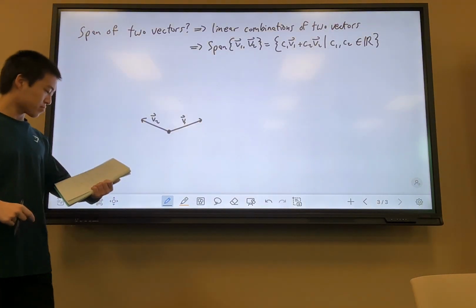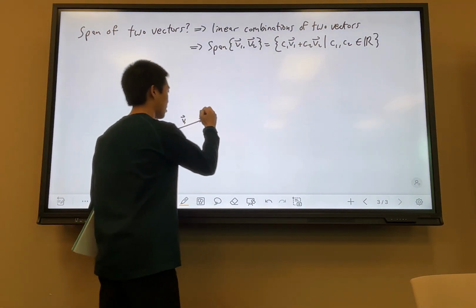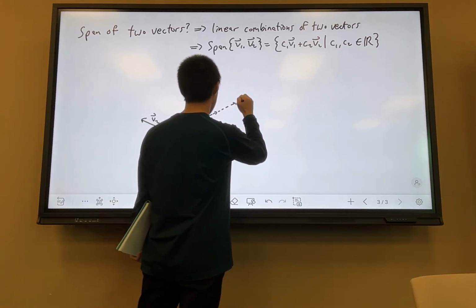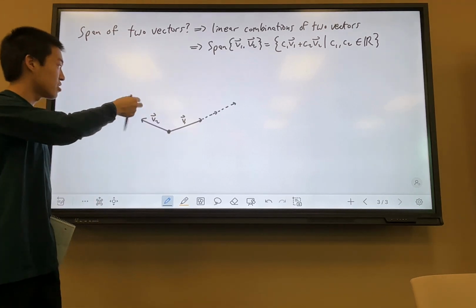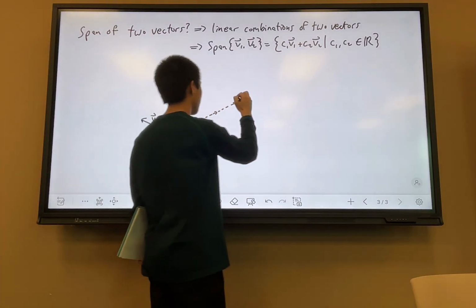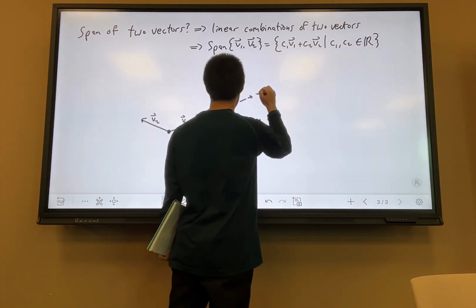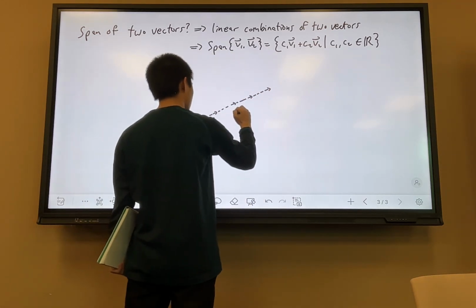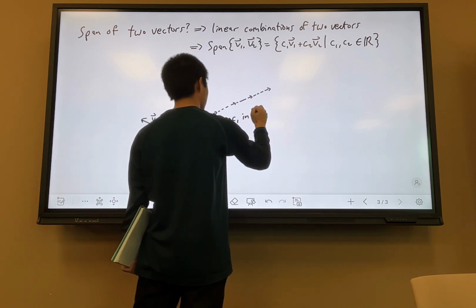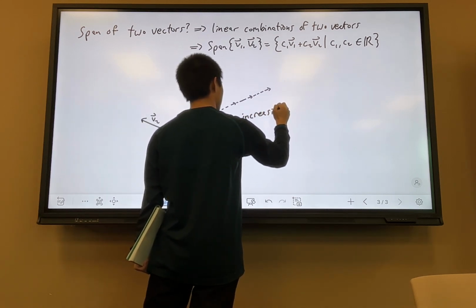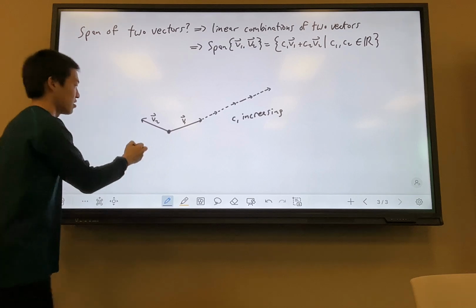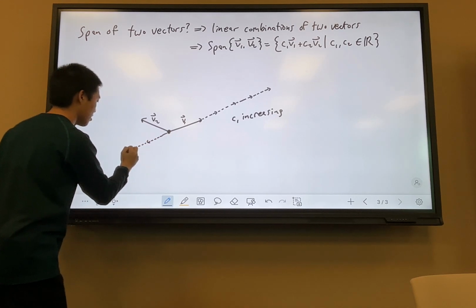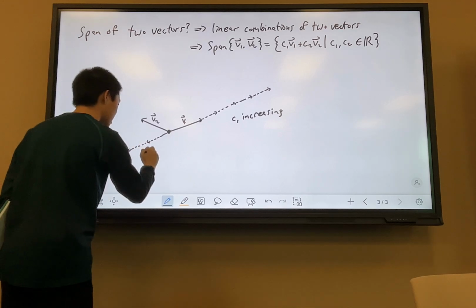So v1 is allowed to increase. You can stretch out v1. So if you imagine a dial on like the C1 dial increasing, then this is increasing out. Similar behavior. So in this case, this would be C1 increasing. And if we started going down this way, like with the previous example, then obviously we have C1 is decreasing.